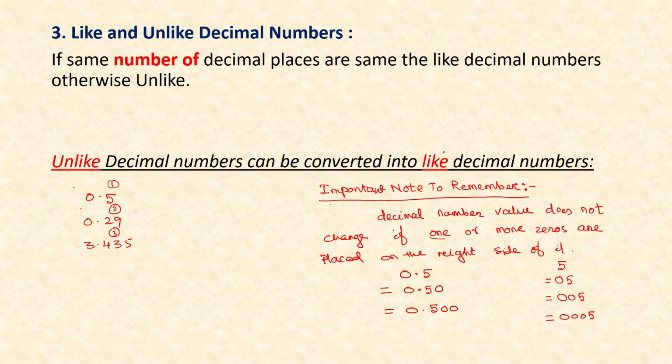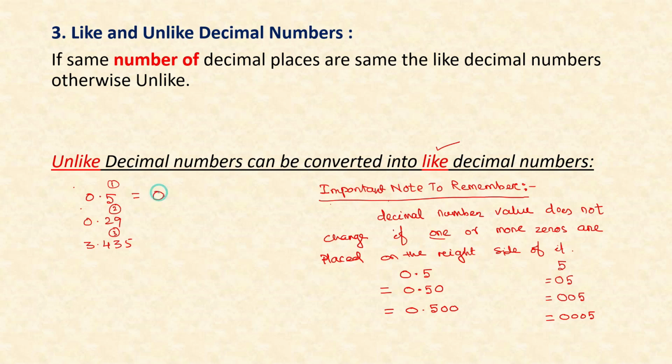As we know from the definition of like decimal numbers, the digits after the decimal point should be the same. So what is the highest number of digits after the decimal point? That is 3. It means we need to convert each decimal number into something with 3 digits after the decimal point.